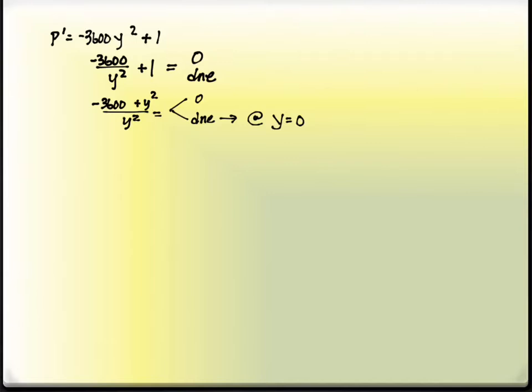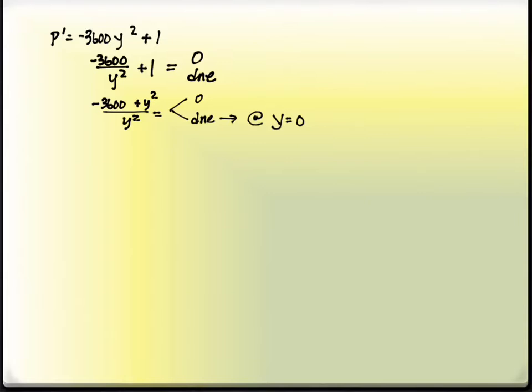We're finding the extrema, but we find the extrema potentially when it's equal to 0 or when it's equal to doesn't exist. So concretely, what's my next step to find out where this is equal to 0? Yeah, the numerator is equal to 0.